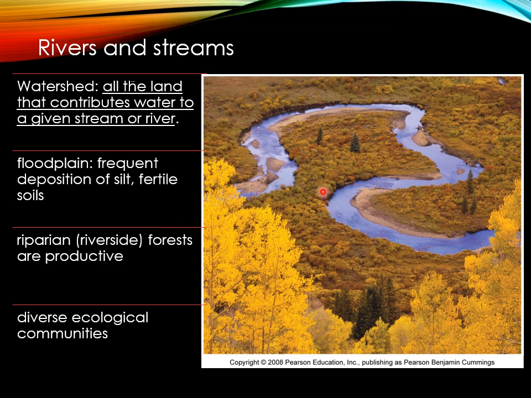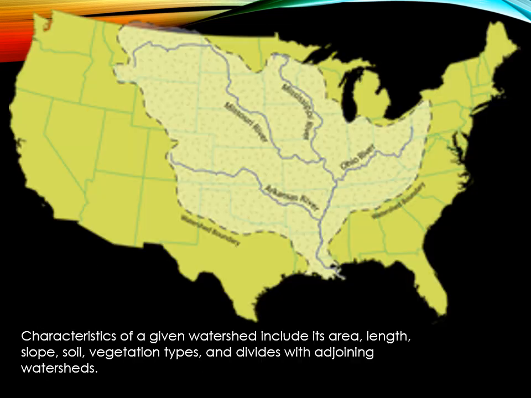It's also been an area where agriculture has traditionally arisen because of that productivity, and it supports diverse ecological communities. If we look at the river on this picture, just to point out that rivers tend to meander, and they can also sort of change their course over time. So as there's erosion occurring or as storms maybe cut new channels, this river may not have the same pathway in 20 years as it does now.